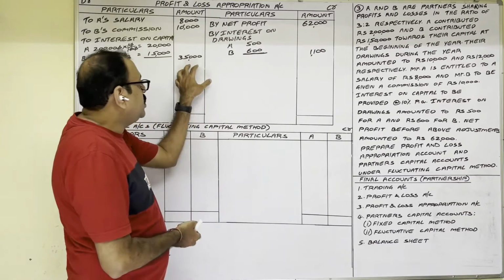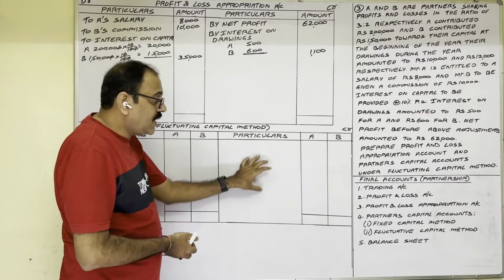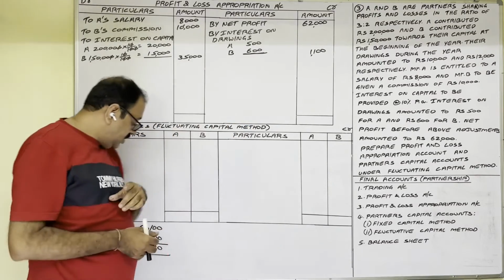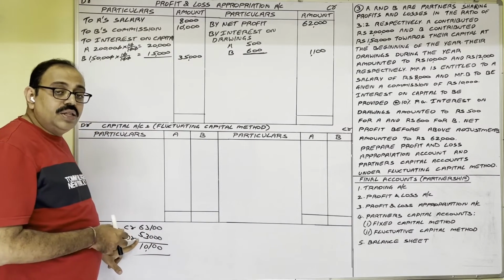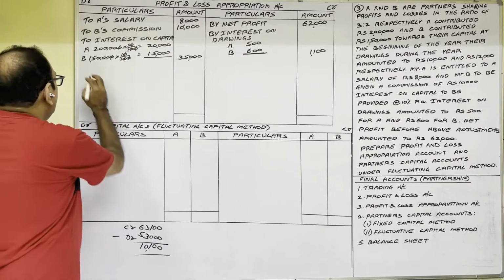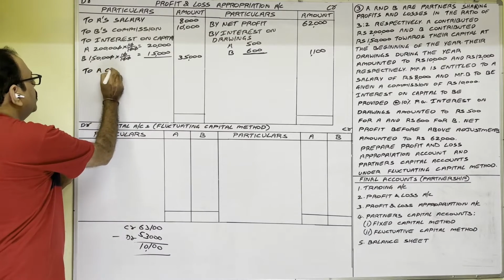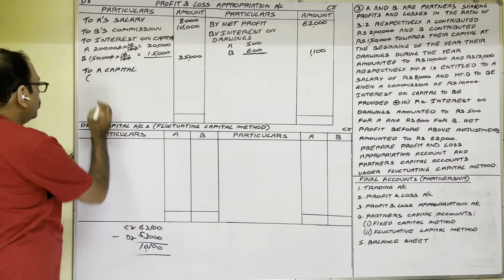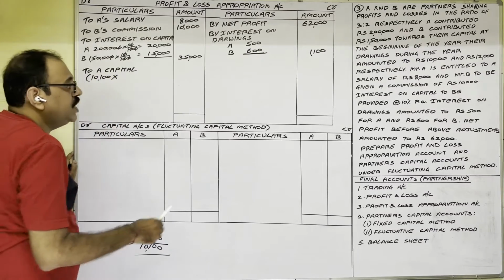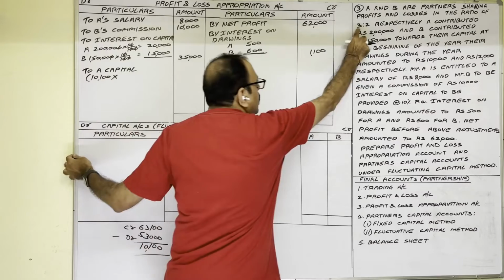So this profit, we should transfer to the partners' capital accounts. Which side total is less? Debit side. Therefore, on the debit side you have to show this transfer. To A capital, profit is 10,100. In this, A's profit sharing ratio is 3/5, no?